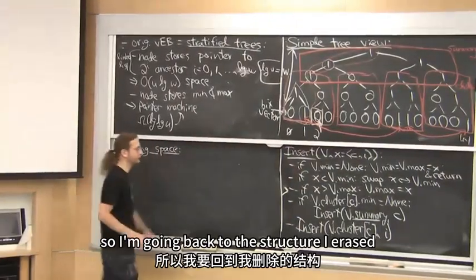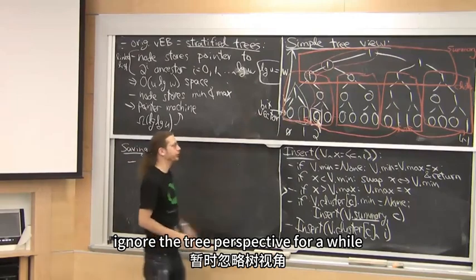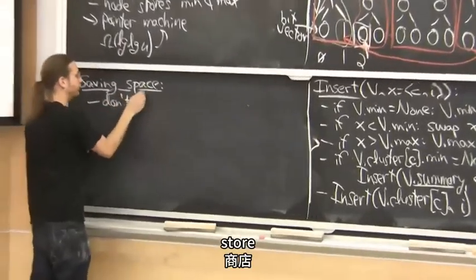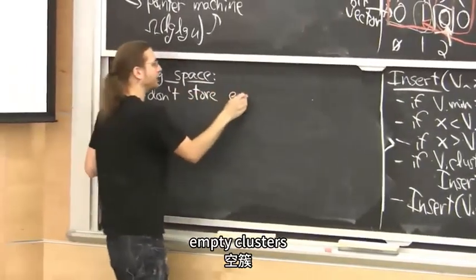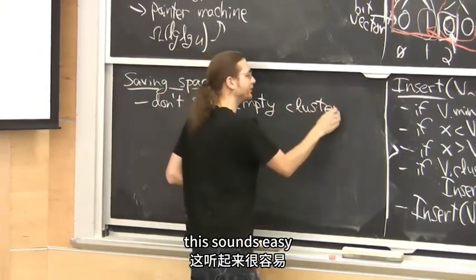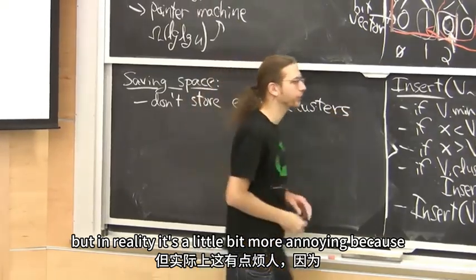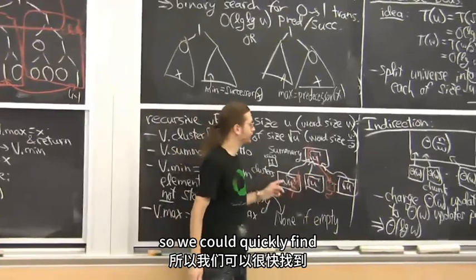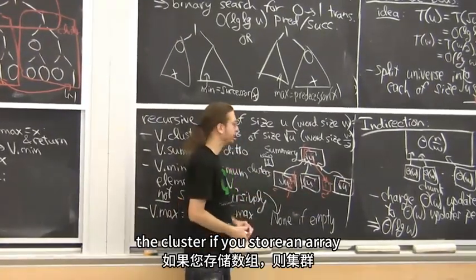So I'm going back to the structure I erased. Ignore the tree perspective for a while. Don't store empty clusters. Now, this sounds easy, but in reality it's a little bit more annoying because we wanted to have an array of clusters so we could quickly find the cluster.